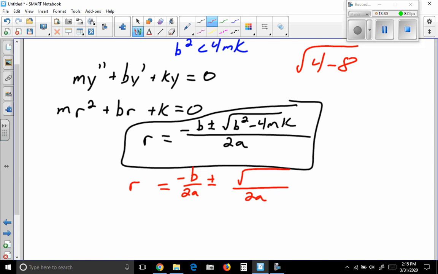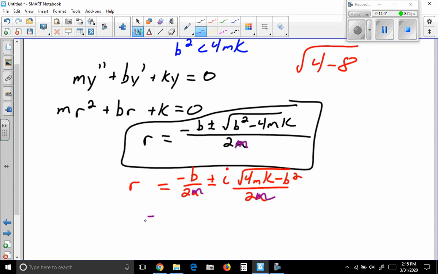Since that's negative, we're going to have an i out front, and we take the square root of the absolute value, which would be 4mk minus b squared. And a is m, so that should be m, m, and m.